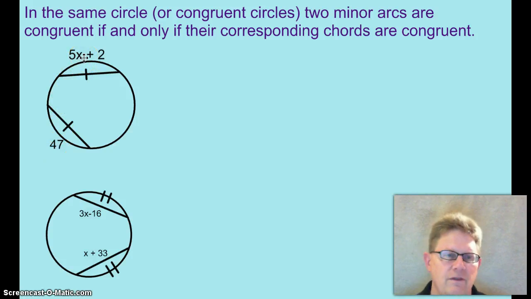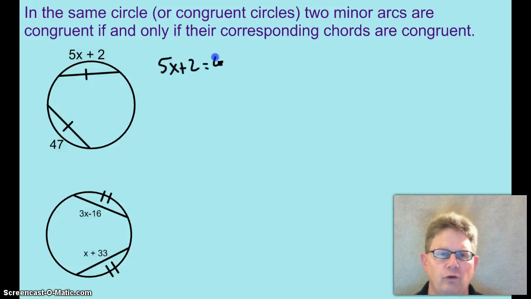So we could write the following equation, because we know the chords are congruent, that will make the arcs congruent. So 5x plus 2 equals 47. Subtract 2 from both sides and divide both sides by 5.